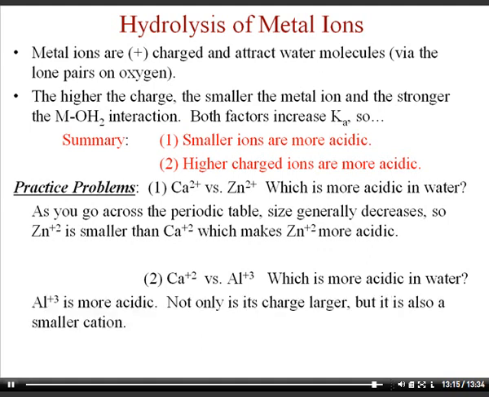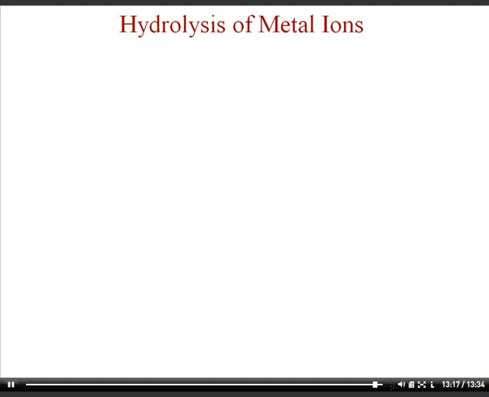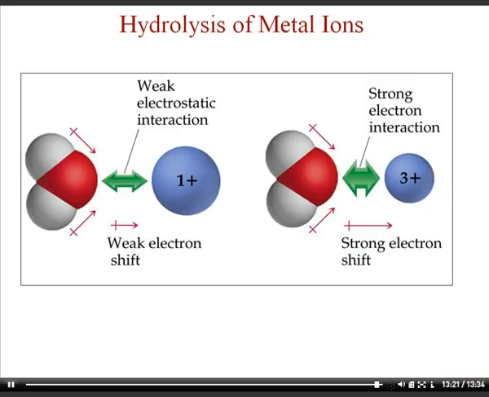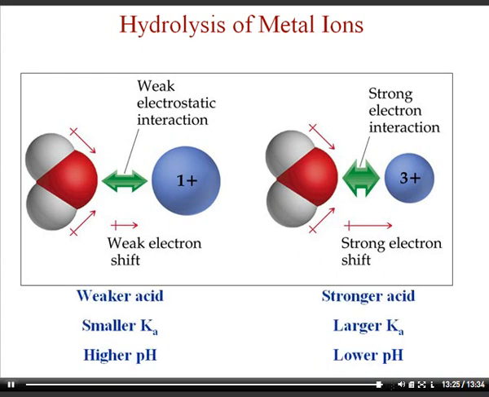So it wins on both categories, size and charge. The last thing is just a picture of the attraction between the water molecule and the ions, and if you're, again, a bigger ion with less charge, you're going to be less acidic. If you're a smaller ion with more charge, you're more acidic. So that's the Chapter 16 Part 2 lecture.